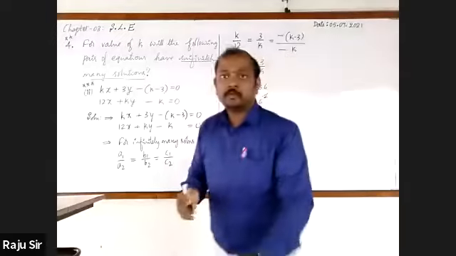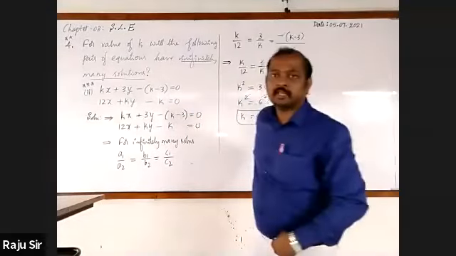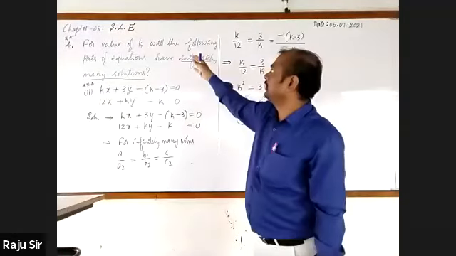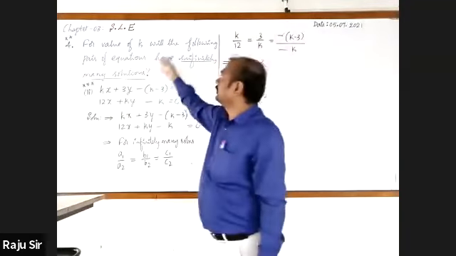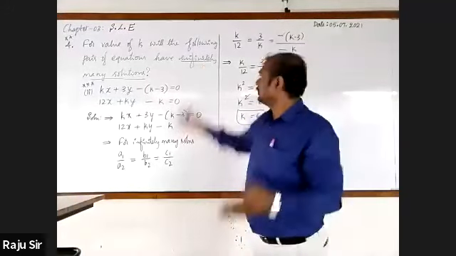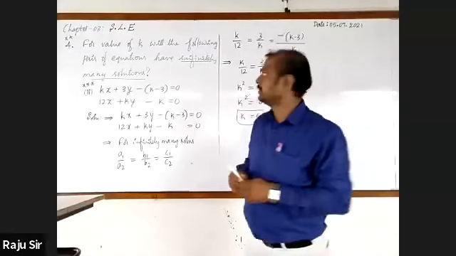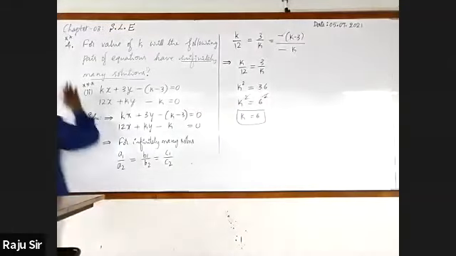Next, fifth question. Again, it is related to the same only, finding the value of k, and it will satisfy another condition. Infinitely many is done. Next, we will move on to unique solution. Fifth one.